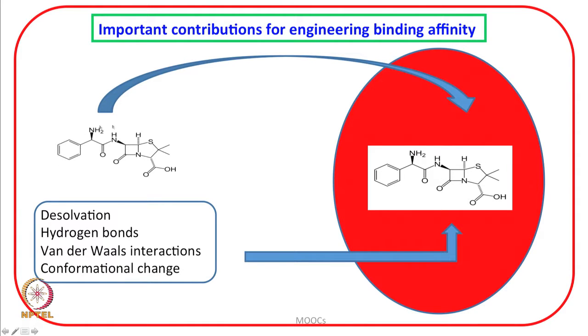When this molecule is placed into the cavity, it will interact with the constituents of the binding site. This interaction can be through hydrogen bonding, van der Waals interaction, hydrophobic interactions, but there is also an associated conformational change.